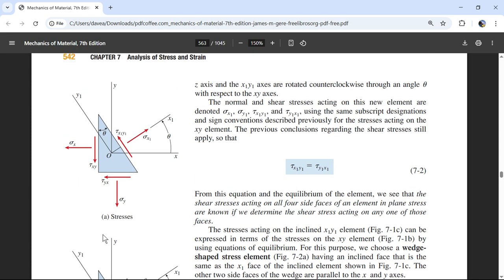And then that diagram below is a force diagram, because if here is the stress, I know the shear force right here is just this shear stress times that area, times A naught secant theta. This is going to be associated with a normal force, and that's going to be sigma x1 times A naught secant theta.